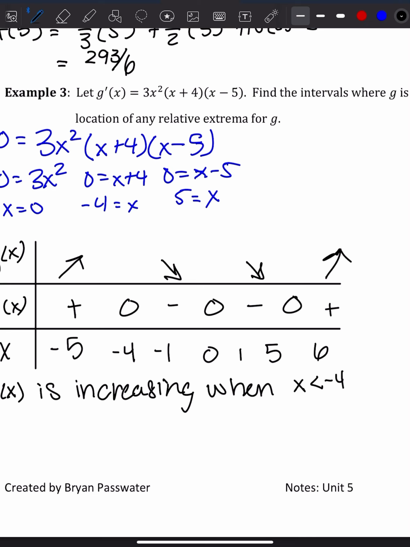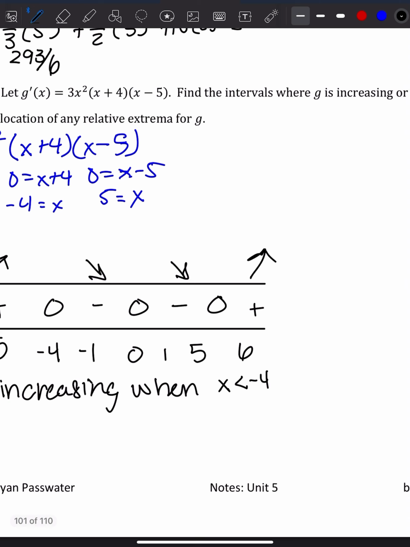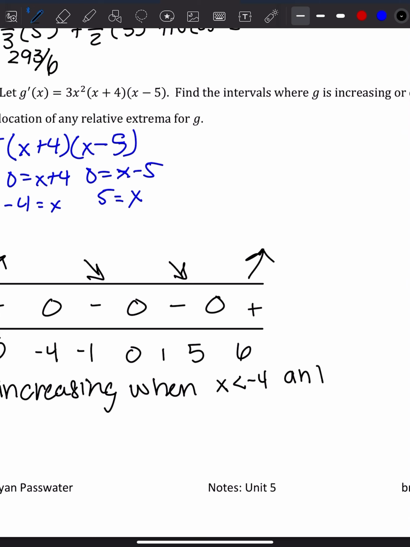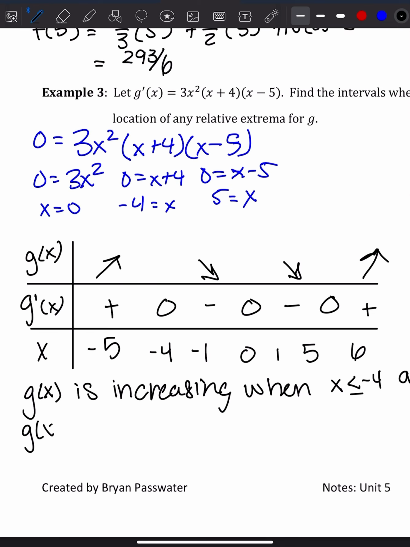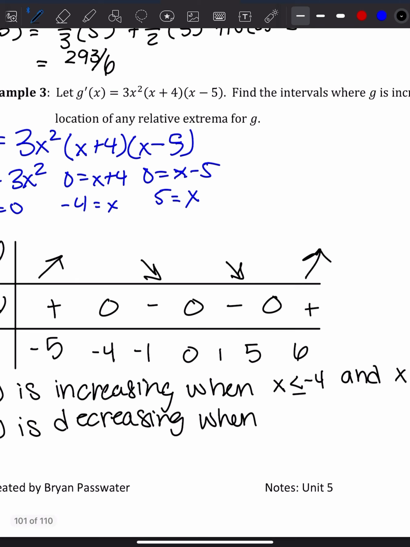You can say less than or equal to. And x is greater than 5. G of x is decreasing when x is between negative 4 and 5.